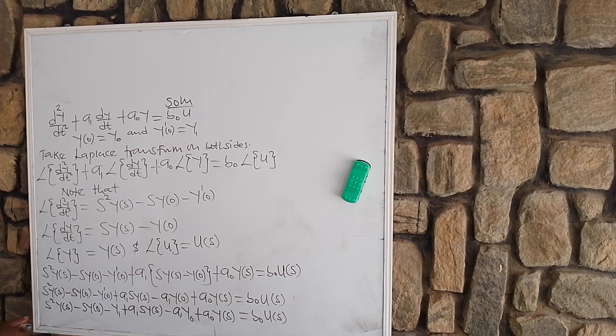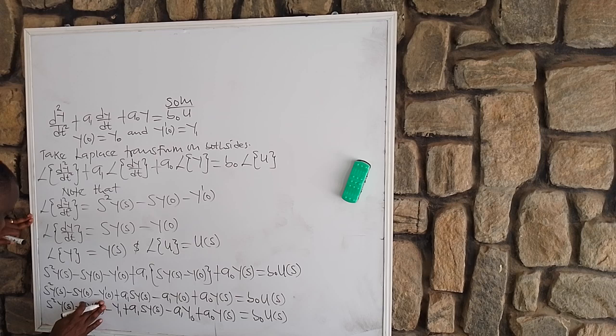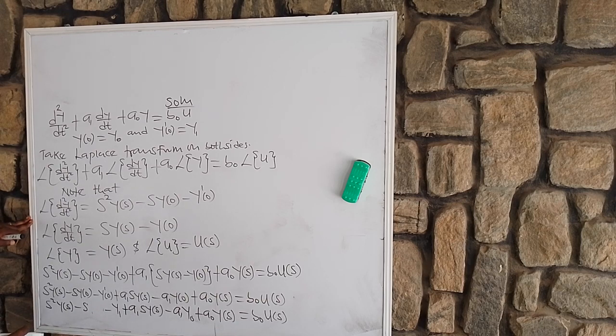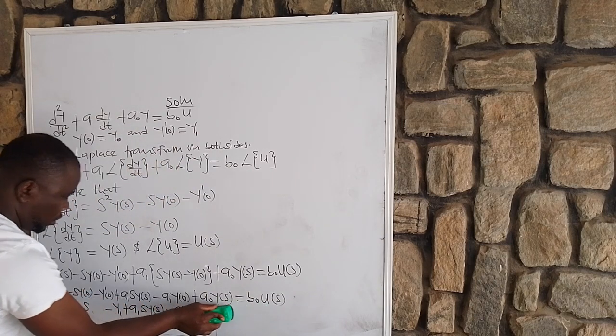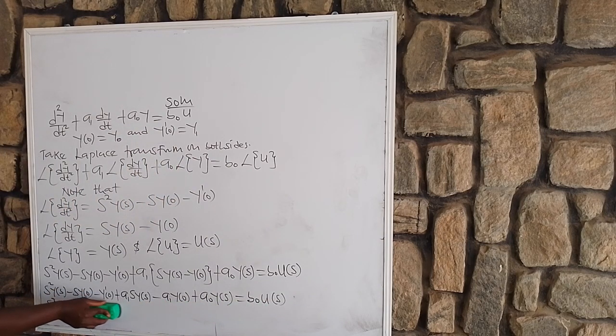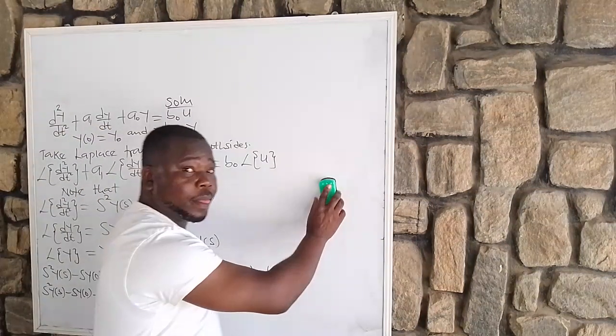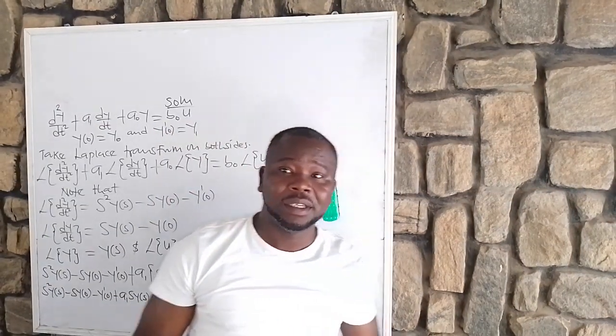Yes, here is supposed to be s y0. Let me clean this and rewrite it so that you won't be confused. Is that clear? I hope you are following me.